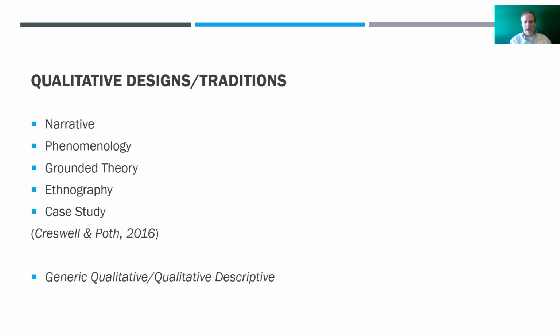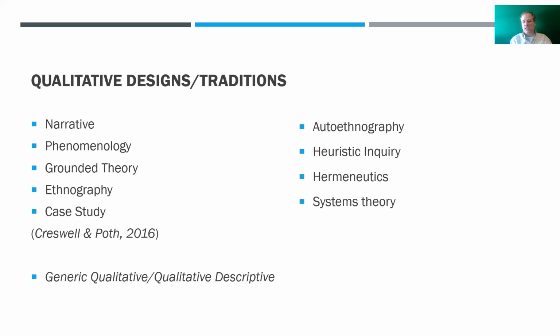For example, if we go look at Patton's work, and I'm going to post in the description a link to these books, he talks about autoethnography, which again is a kind of ethnography where you as the researcher are also the subject. He talks about heuristic inquiry. He also talks about hermeneutics, which is the study of the written word, which we see a lot of in, say, religious texts. Another one is systems theory.